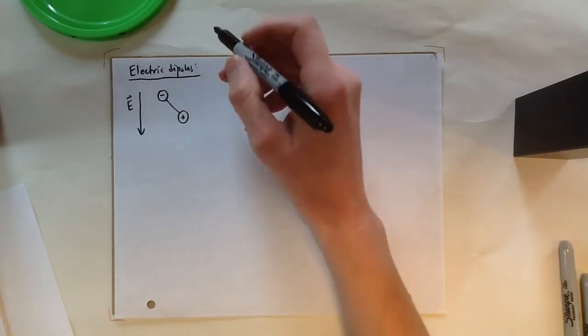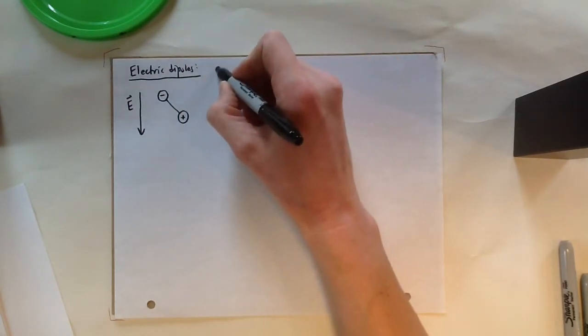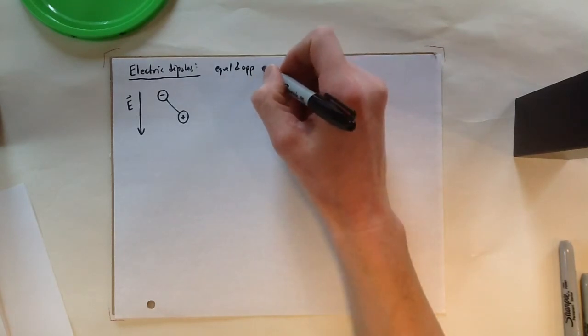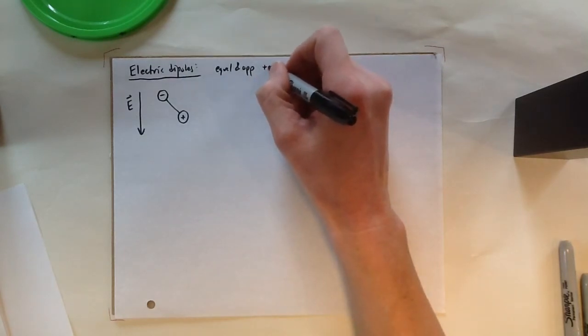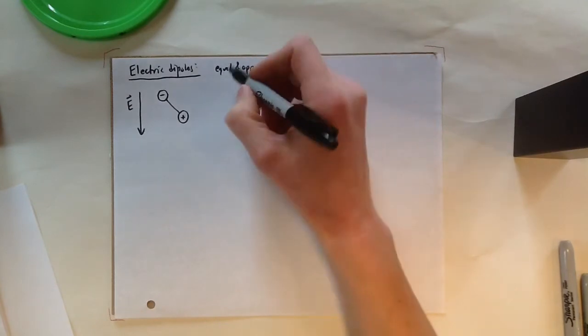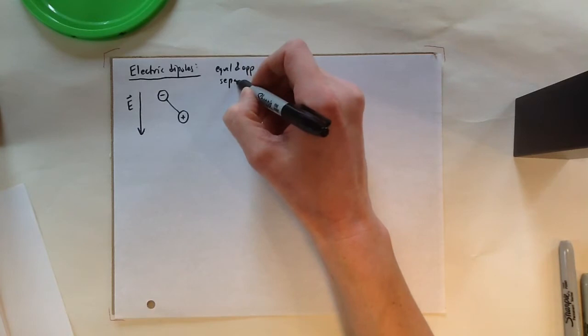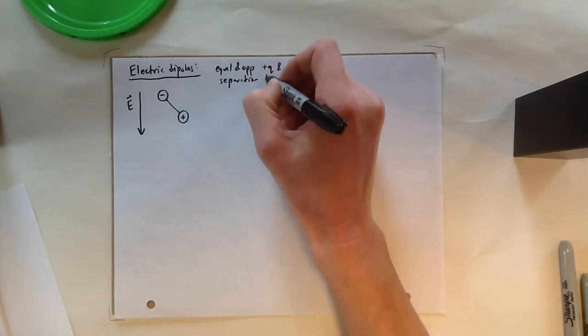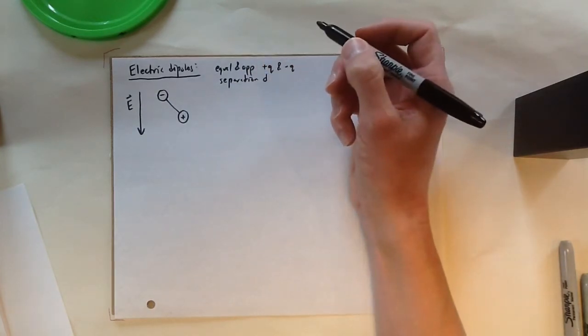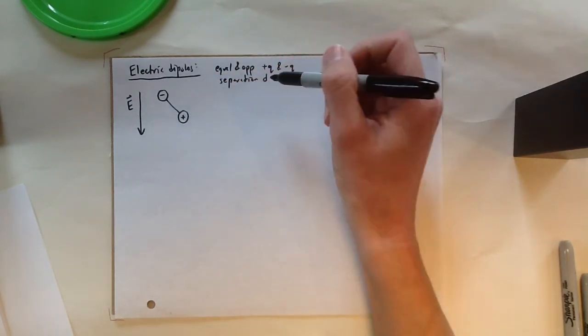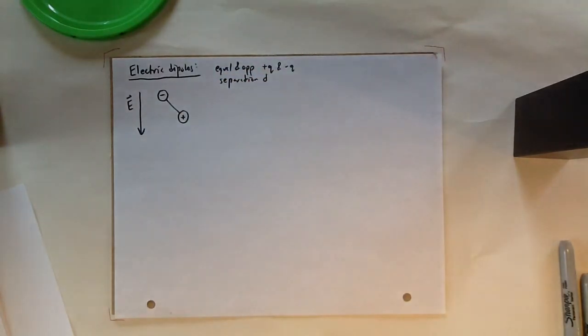Of course, for a dipole we know that they are equal and opposite charges, so they're both of magnitude q, so plus q and minus q. I'll also need at some point down the road that they are separated by some distance. I'll call that d. So I'll think of them as being tied together at a separation of d.